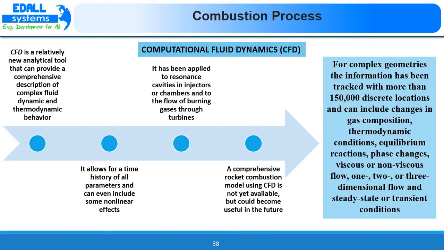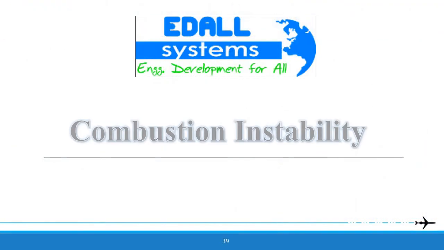For complex geometries, the information has been tracked with more than 150,000 discrete locations and can include changes in gas composition, thermodynamic conditions, equilibrium reactions, phase changes, viscous or non-viscous flow, 1, 2 or 3-dimensional flow and steady state or transient conditions. So all this is included in computational fluid dynamics, and slowly it is getting closer to a complete rocket combustion model. Moving on to combustion instabilities.